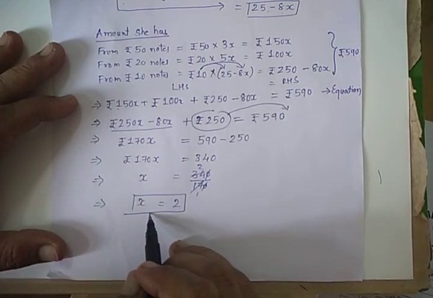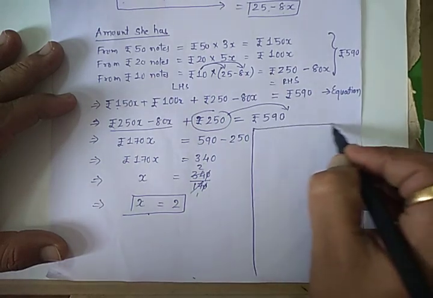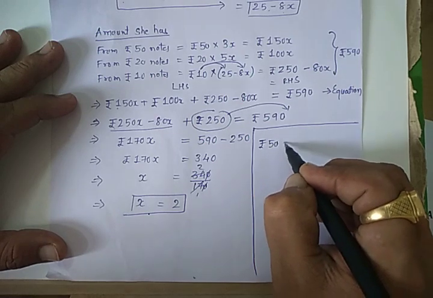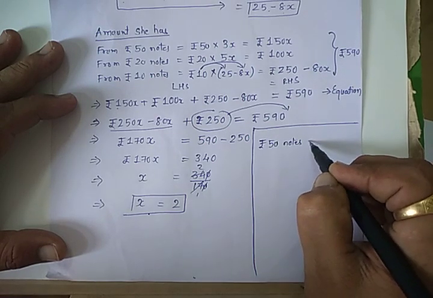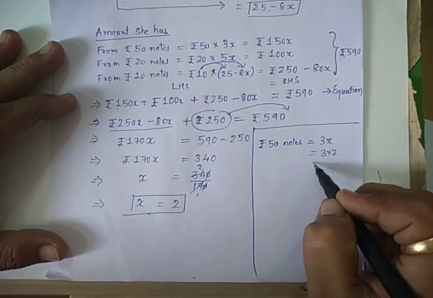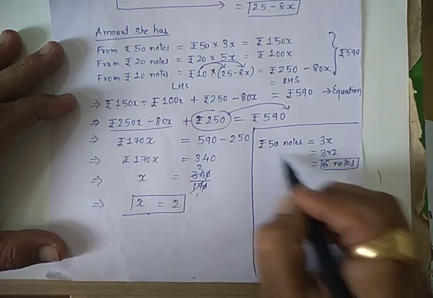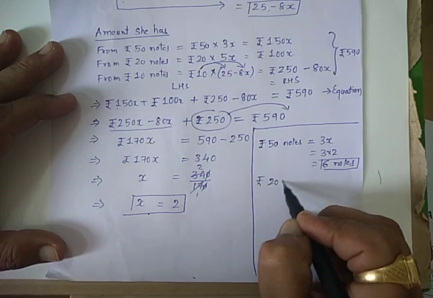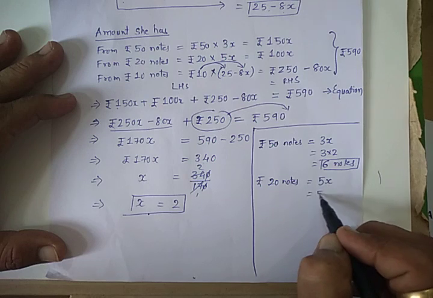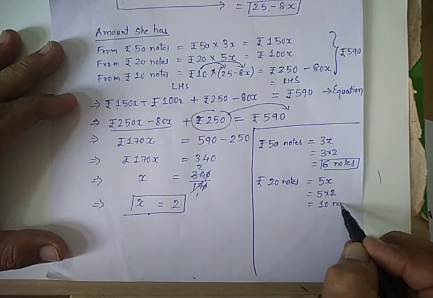Now as we have got the value of x, we will place it in the number of currency notes and get how many notes of each denomination there are. Rupees 50 notes: it was 3x, means 3 multiplied by 2, that will be 6 notes of rupees 50. Same way, rupees 20 notes will be 5x, so 5 multiplied by 2, the value of x is 2, so it will be 10 notes of 20.